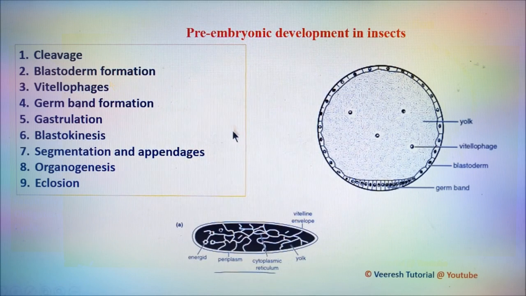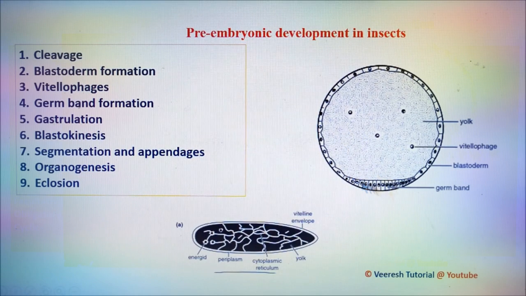And some energids are involved in the formation of yolk cells. Those are called vitellophages. These are all the vitellophages. The process of accumulation of yolk inside the egg is called vitellogenesis. That is the process of accumulation of yolk.